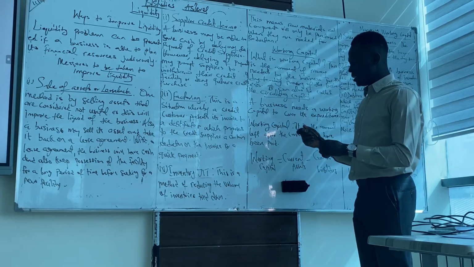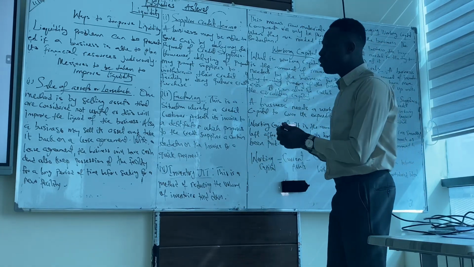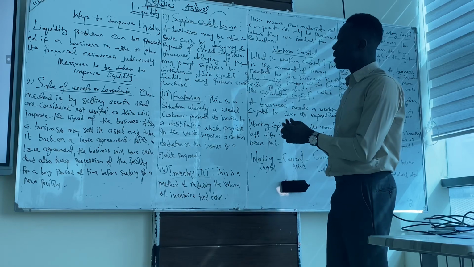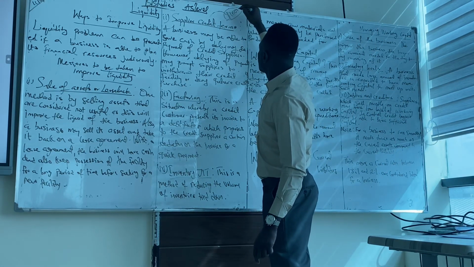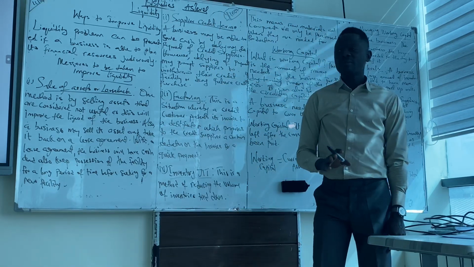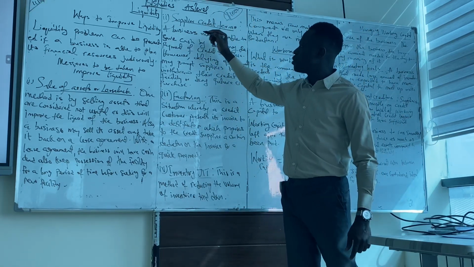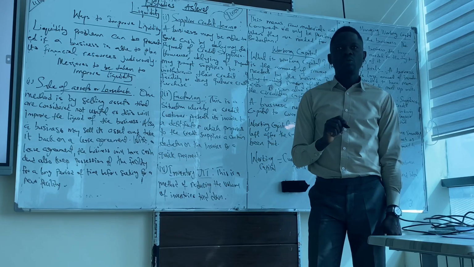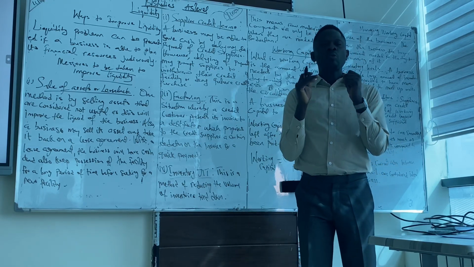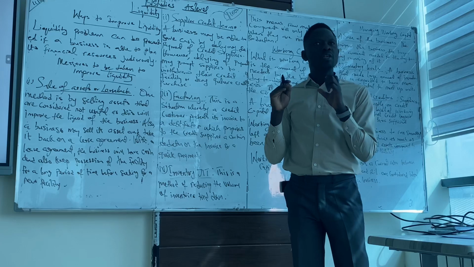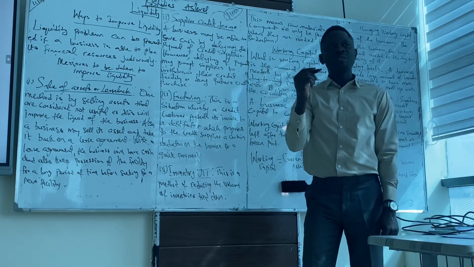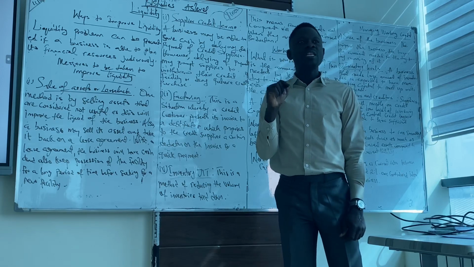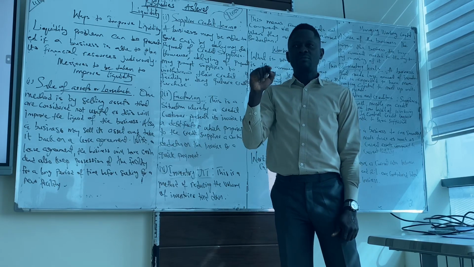If I'm owing my credit supplier $1,000, which I cannot pay back, I will propose it to a debt factor, which is a middleman. So what the organization will do is discuss with my credit supplier the amount it wants to pay on the invoice.